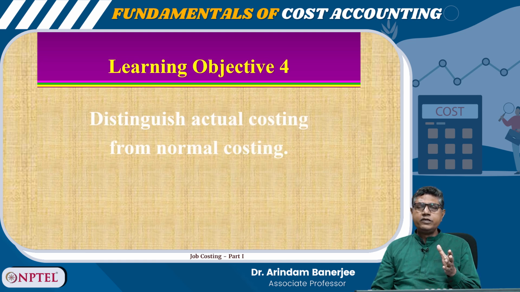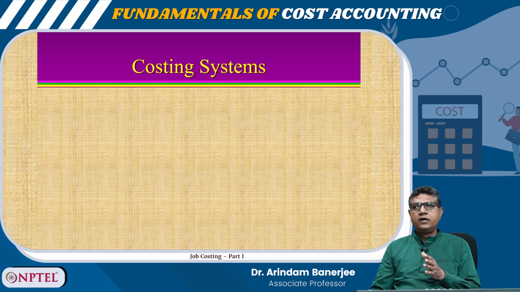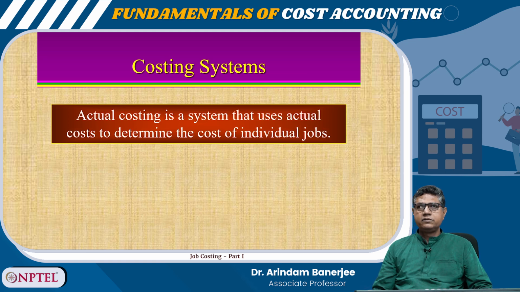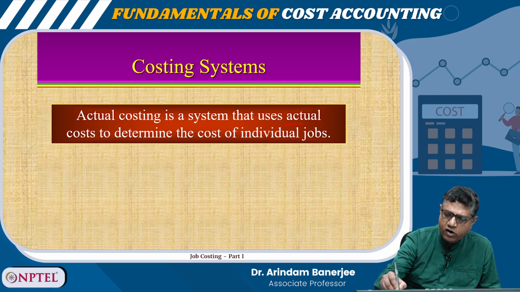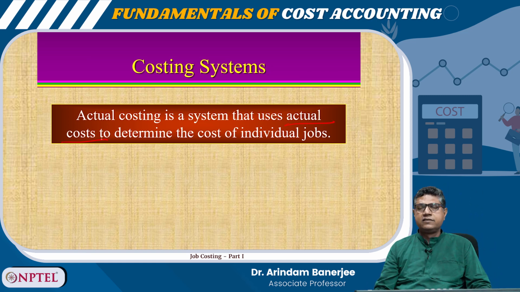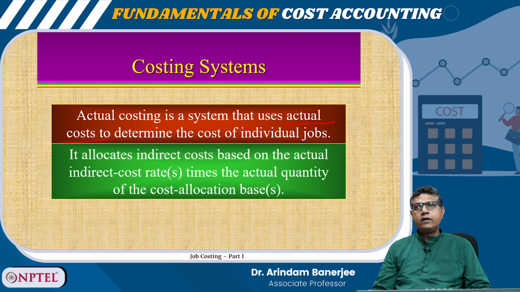Now, how to distinguish between actual costing and normal costing? Actual costing is a system that uses actual cost to determine the cost of individual jobs. So I need to record all the actual costs for this. It allocates indirect costs based on the actual indirect cost rate times the actual quantity of the cost allocation base.